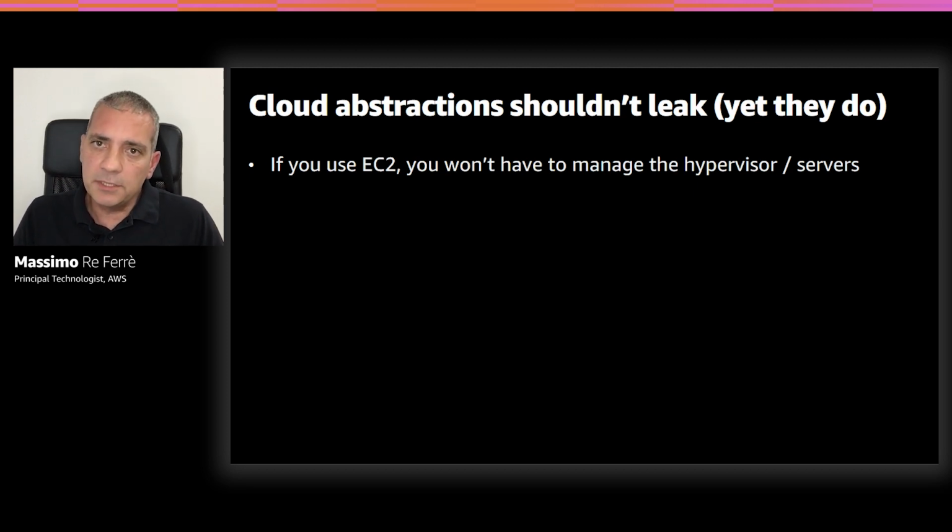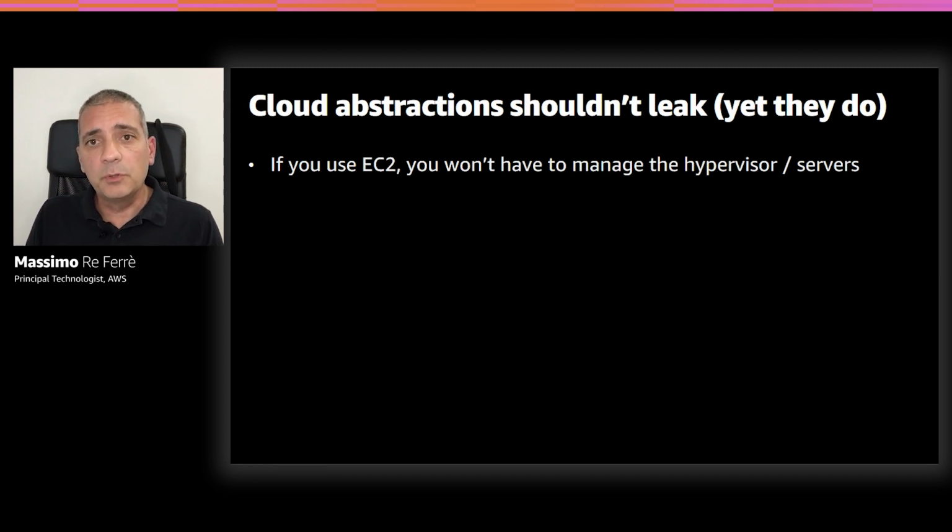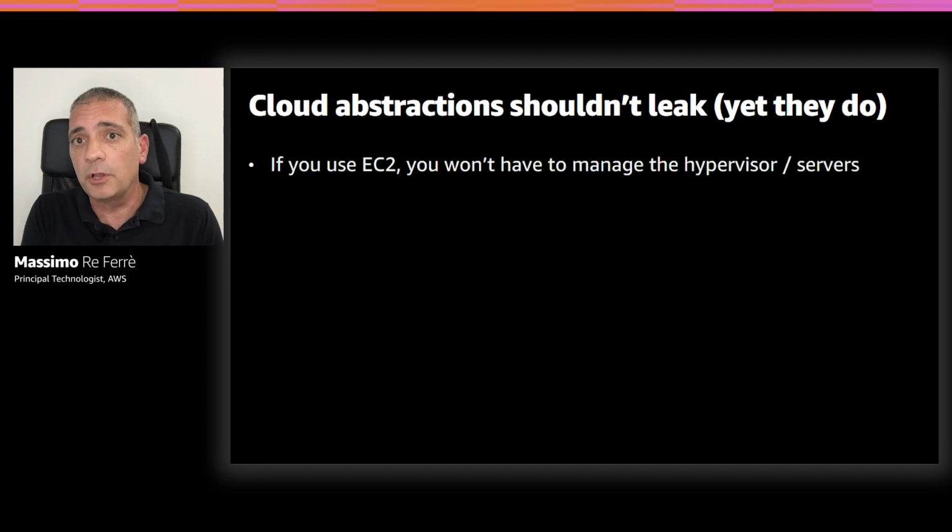When you deploy an EC2 instance or multiple EC2 instances on AWS, you're not asked to control and have visibility in a cluster of physical servers so that you can start your EC2 instance. You just start an EC2 instance in an AWS region, without worrying too much about the physicalities of that region.